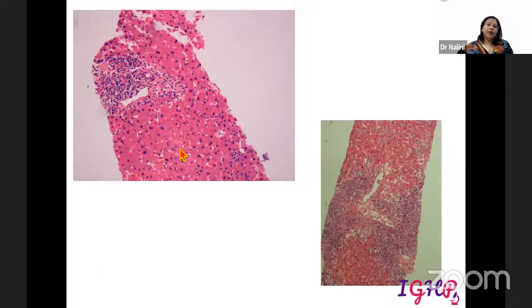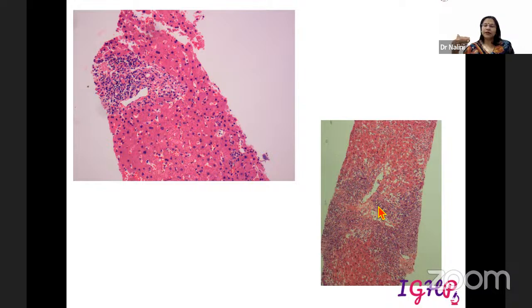Now, coming back to this liver slice, as you all can make out here, this is a moderate degree of rejection infiltrate, and there is some occasional sparse lobular inflammation here and there, but dominantly the pathology lies within the portal tract. Now, the second image that is being shown here is showing you a severe degree of inflammation, and here the inflammation is not just confined to the portal tract.